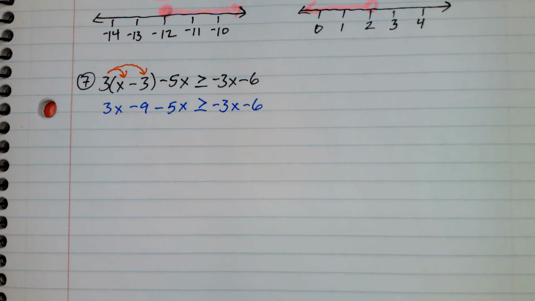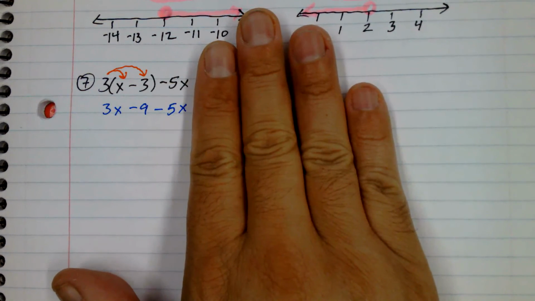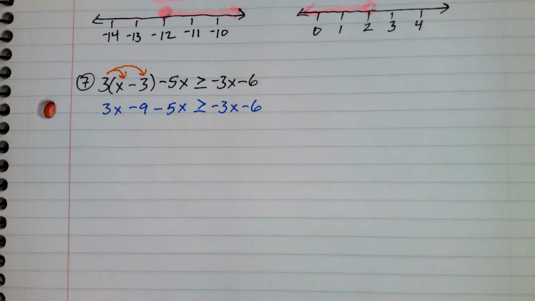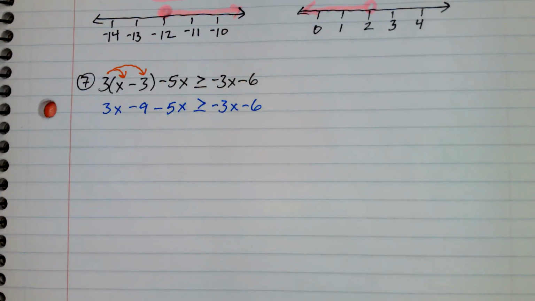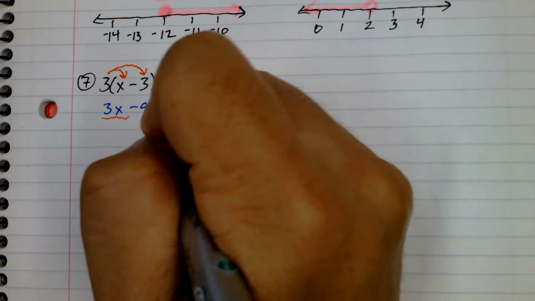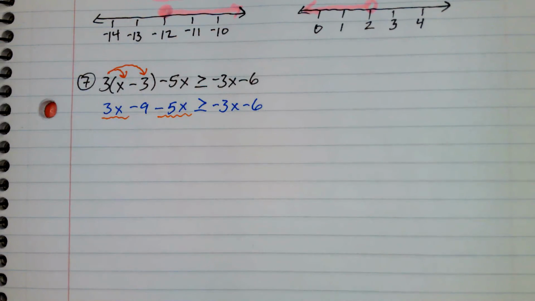Okay, we distributed. Again, look at the left side, look at the right side. On the left side, we can combine the 3x and the minus 5x. On the right side, nothing to combine. 3 take away 5 is negative 2.